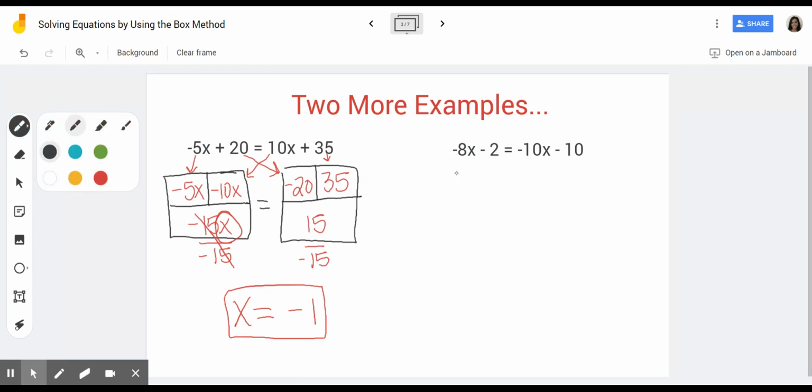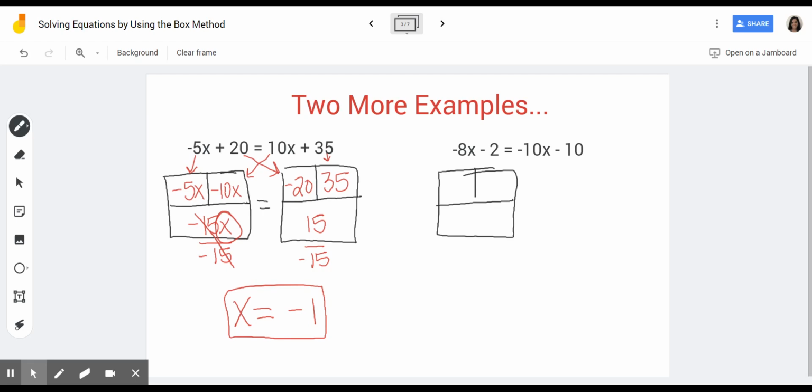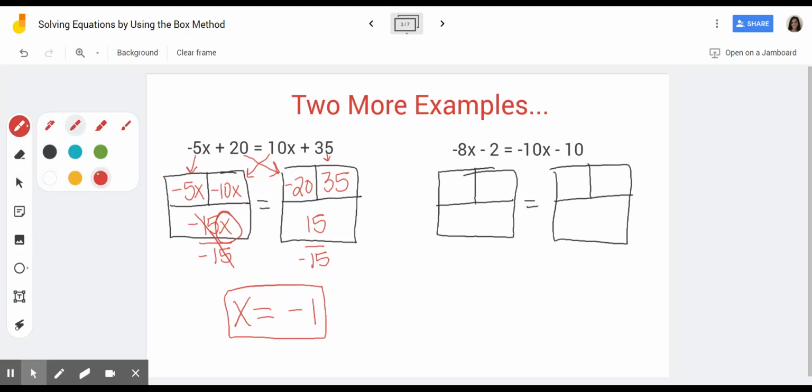For the next one, again, first thing you want to do is set up your boxes. And once I have my boxes, I'm going to start moving things around. Negative 8x has the variable x, so that's just going to drop down. Negative 2 is a constant. It does not have a variable.